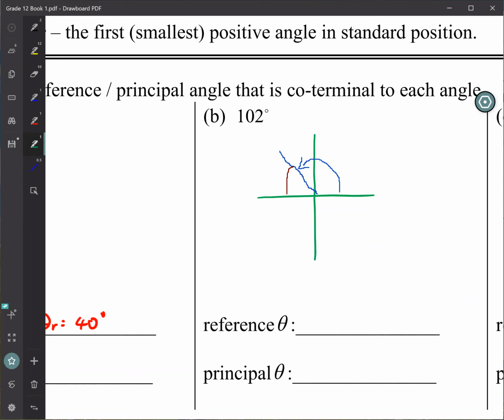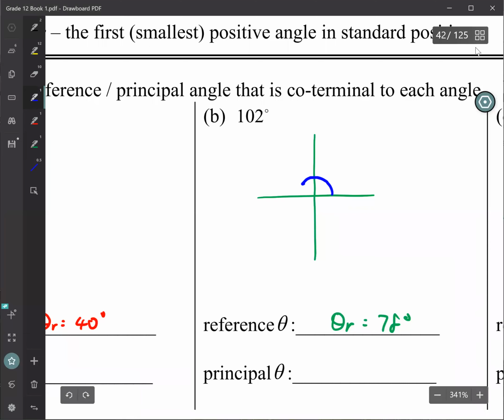And how big is it? 78. Okay, very good. So theta r is 78 degrees. Let me erase that again. Over here, 102 just turns to this quadrant. The reference angle is here.